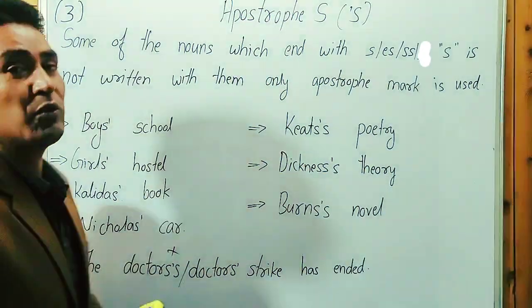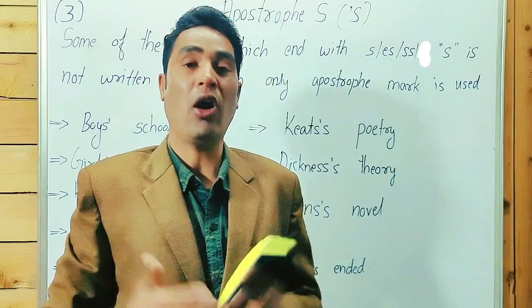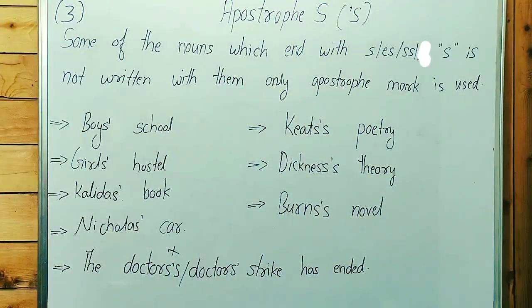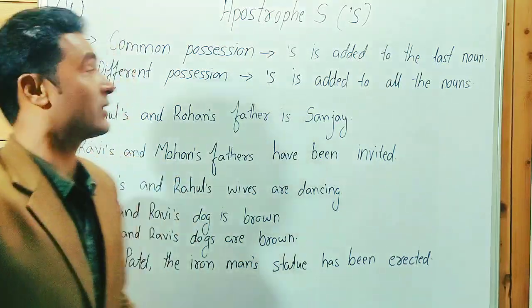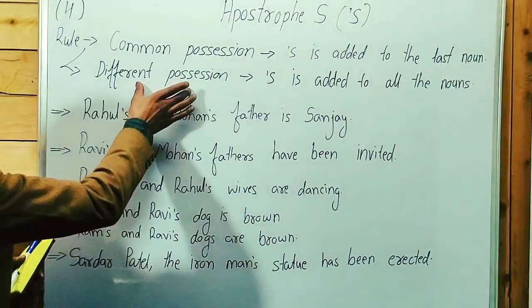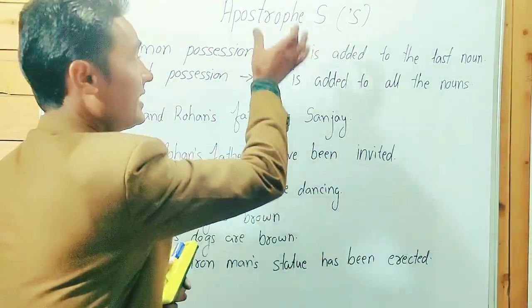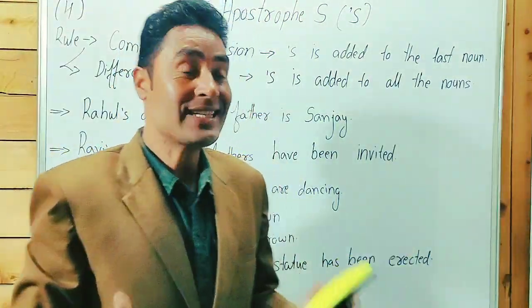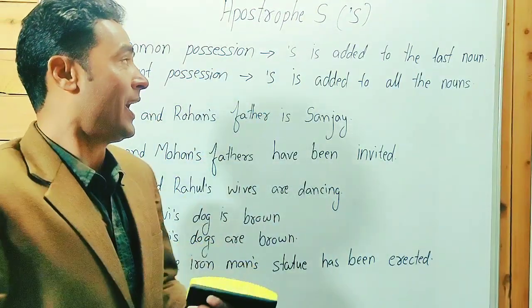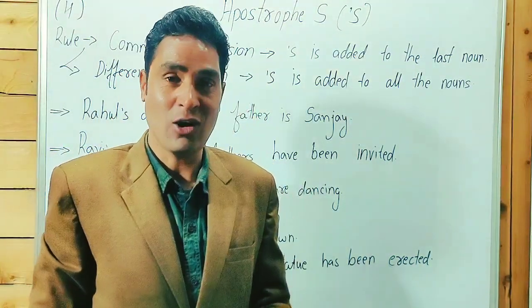In the next slide, we will see the fourth rule of apostrophe S. If you want to take a screenshot, you can. Rule number 4: common possession and different possession. In common possession, apostrophe S is added to the last noun. In different possession, apostrophe S is added to all nouns.